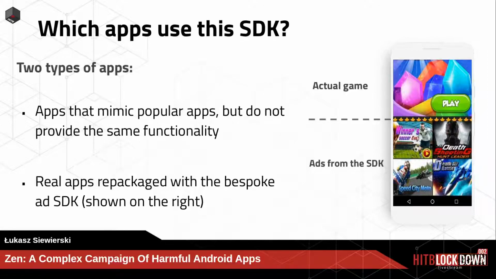You can see that the user is maybe inclined to click on the ads instead of clicking on the play button. And when that happens, the ads are from the CNC. But when the user clicks on the play button, they will get the same experience because, again, the app is repackaged. It's the same popular app that the user wanted to use, just in a different form with additional ads.